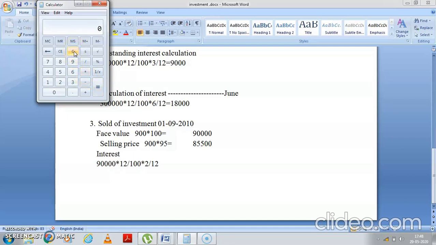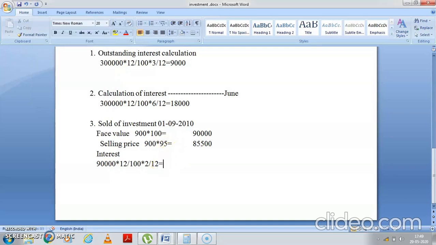It was 1,800. Where did it go? 90,000 into 12%, that is 10,800. So 10,800 divide by 12 and multiply by 2. So that is coming to 1,800. So your interest is how much? Yes, students, your interest is how much? 1,800.